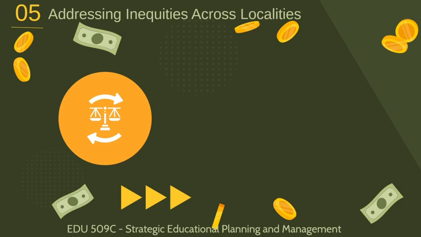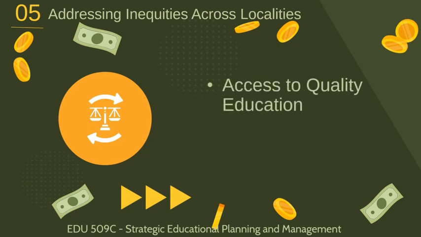A significant issue in educational planning is the inequity between urban and rural or affluent and impoverished localities. So these disparities manifest in several ways. One of them is access to quality education.